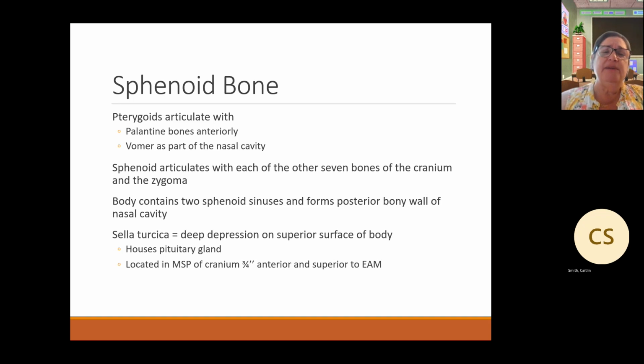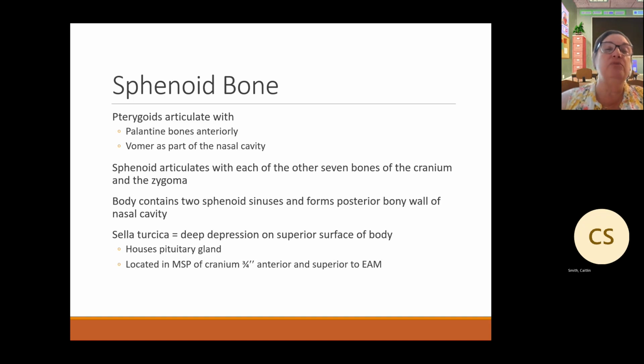And I'm not going into great detail on the anatomy, but within your chapter, you can really get through it. Now, the pterygoids articulate with the palatine bones anteriorly and the vomer as part of the nasal cavity.